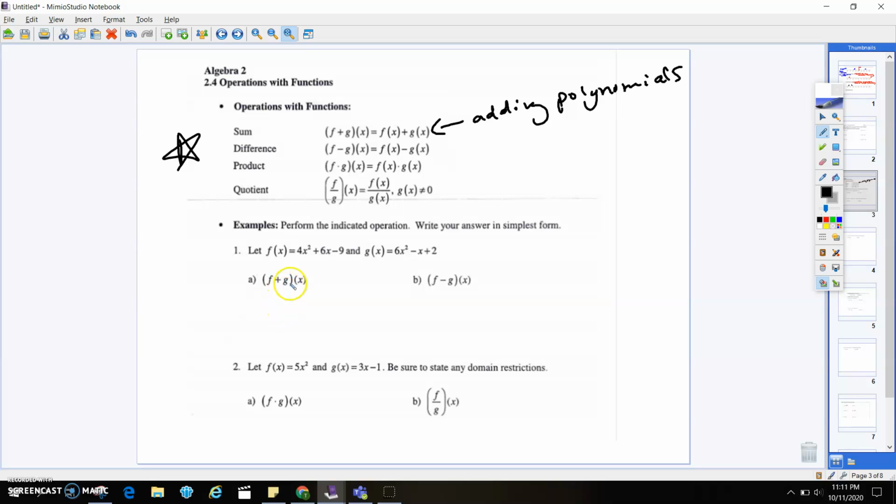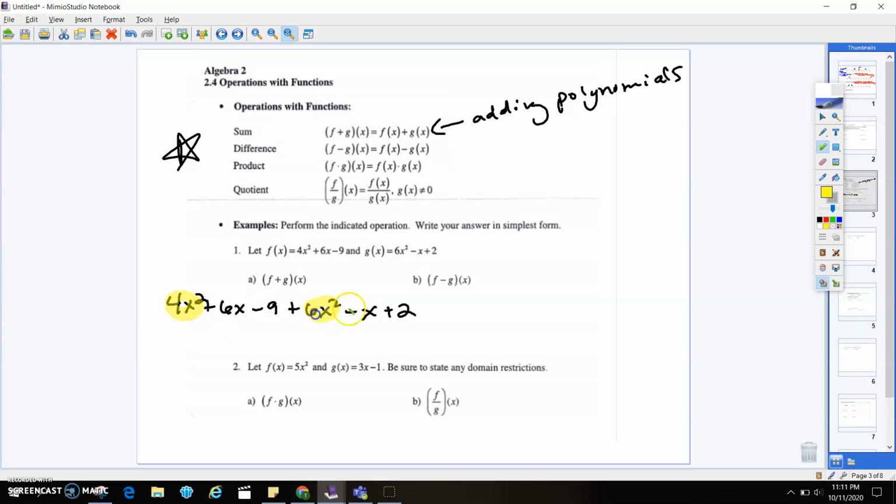So in our first example, we're going to take f of x and we're going to add g of x to it. Notice how it says f plus g of x. So we're going to take this stuff, we're going to add this stuff to it. So I'm just going to write it out in one big fancy line. Got 4x squared plus 6x minus 9 plus 6x squared minus x plus 2. And just like what we did in the last unit, we're going to combine our like terms.